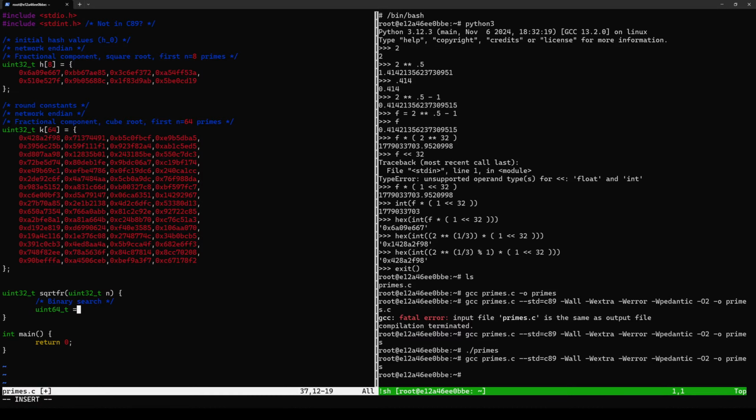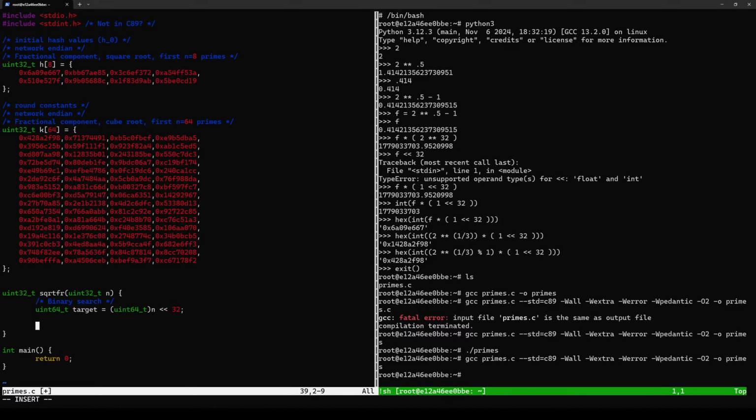It is going to contain the value of the 32-bit integer, but I'm going to cast it into 64-bit, and I'm going to shift it over by 32 bits. And this is going to be the target. So what I want to do is I want to find two numbers that when I multiply them together, I get that value.